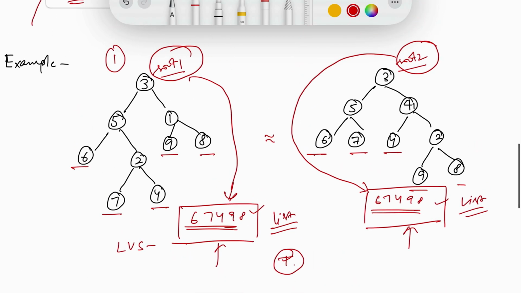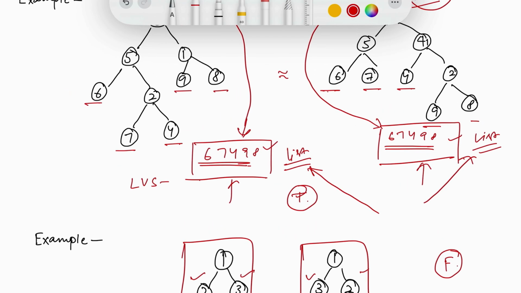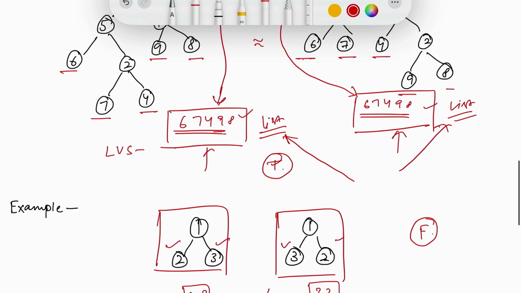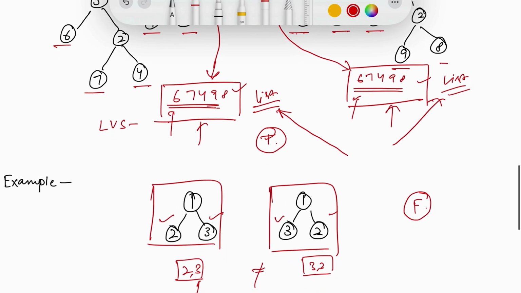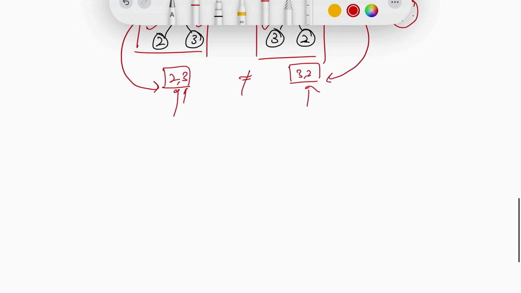From the first root we capture the leaf value sequence list, for the second root we capture the leaf value sequence list of the second tree, and after that we can compare these two lists. How can we check? We can just check each element one by one.